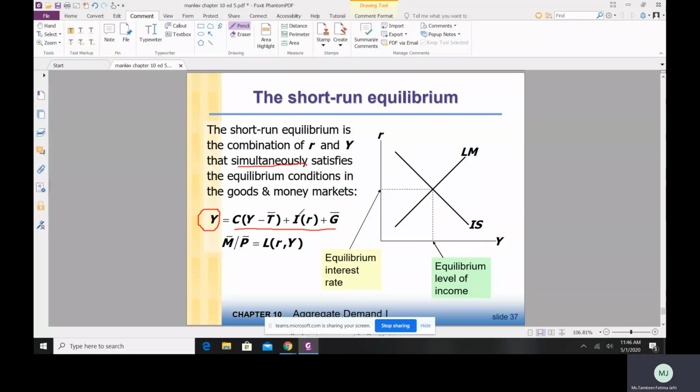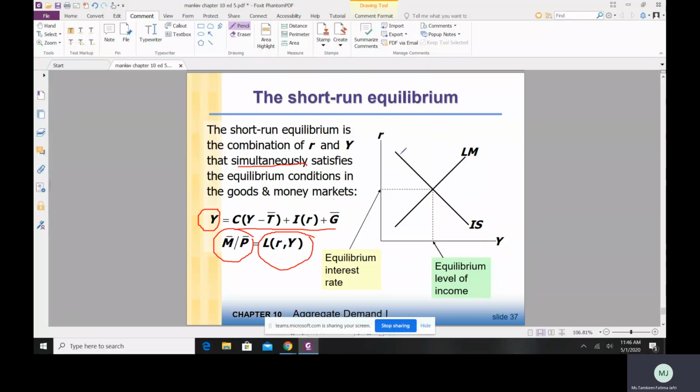In the money market, equilibrium is established where the supply of money is equal to the demand for money. So the LM curve contains all the combinations of R and Y which will satisfy money market equilibrium. The IS curve we derived is always negative sloping.